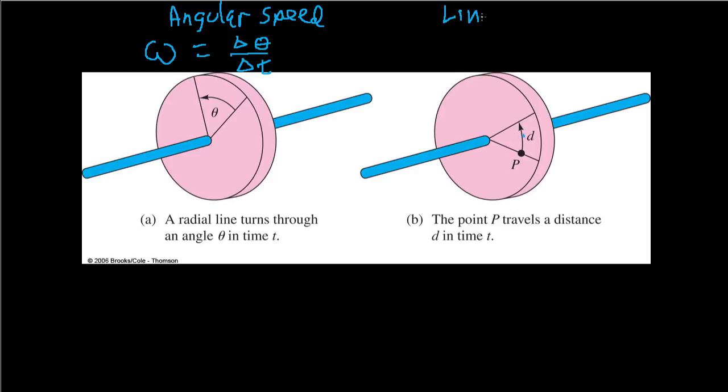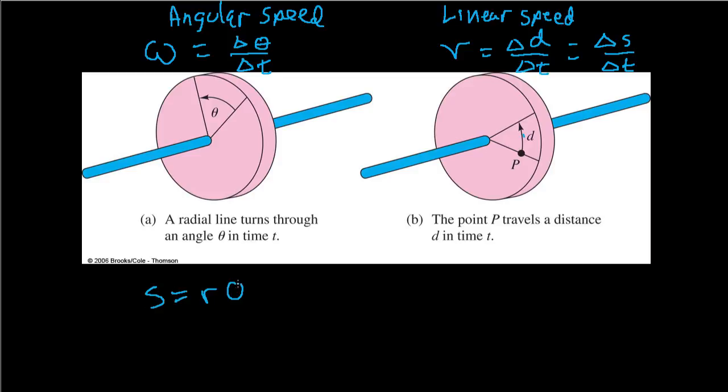Since we can look at points on a circle, as a point travels, it moves a certain distance. So the linear speed is a comparison of the change in distance over change in time. Since we normally call the distance that a point travels on a circle an arc, you also might see it as delta S over delta T. Well, since we have a definition that says S equals r theta, in other words, the arc length is equal to the radius times the angle that's cut off by the two radii, we can substitute r theta into our linear speed formula, and we find out that linear speed is the same thing as r theta over delta t.